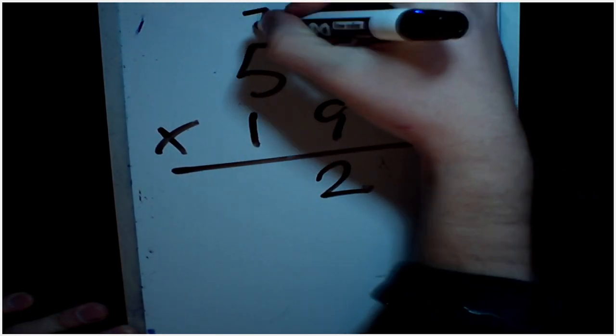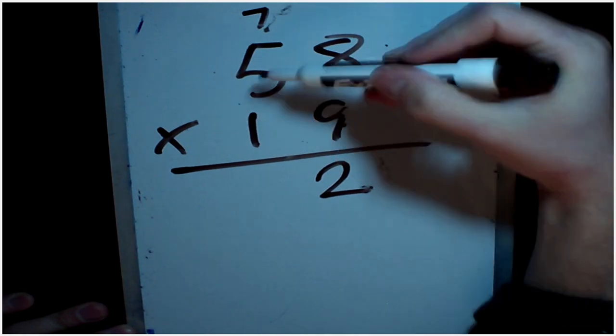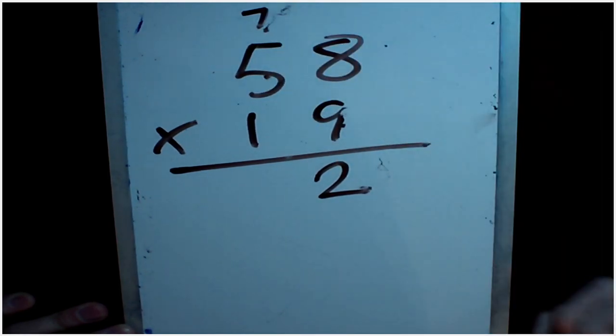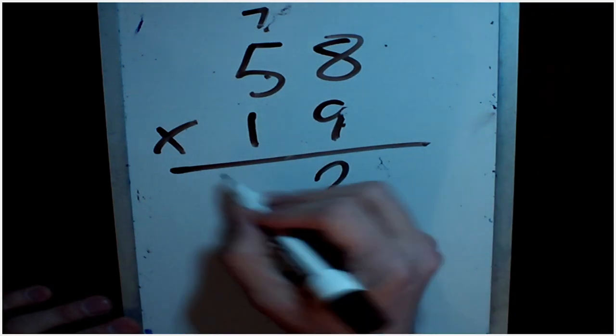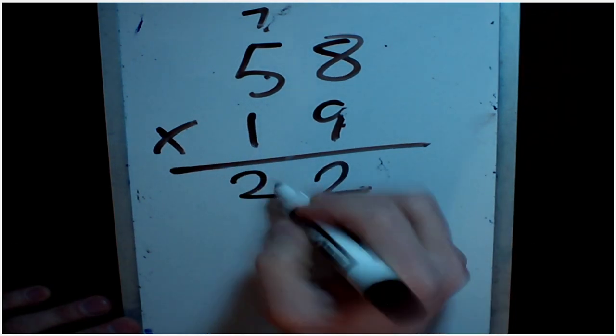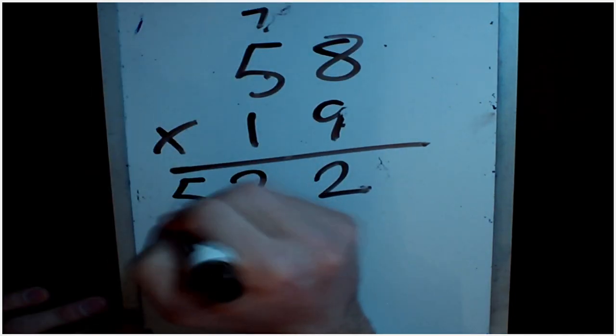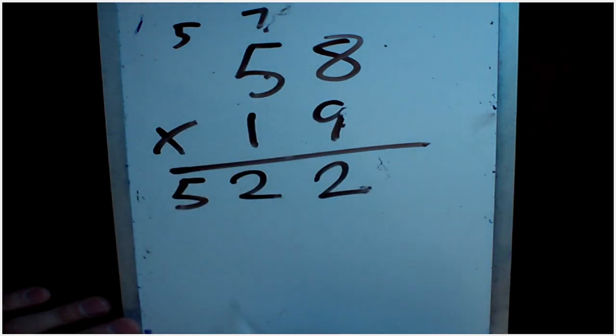We're going to do 9 times 5 plus 7, not 9 times 5 times 7, 9 times 5 plus 7. So 9 times 5 is 5, 10, 15, 20, 25, 30, 35, 40, 45. 45 plus 7 would be 52. So I'm going to put my 52 here. Your 5 is over here now because you just drop it down. So 522.